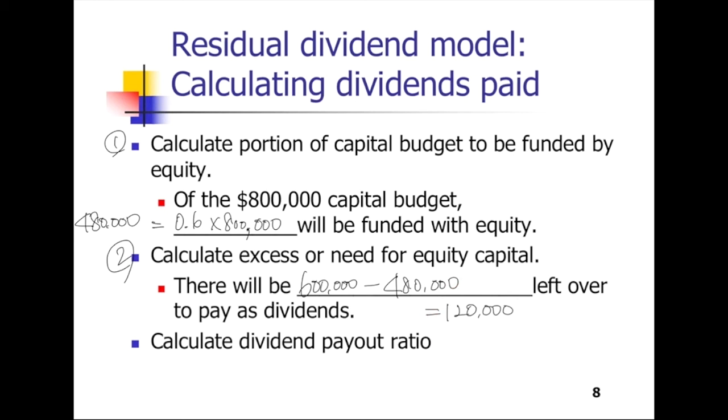So calculate the dividend payout ratio, which is dividend over net income, right? So the dividend is this amount, the net income is this amount, so finally we can calculate the dividend payout ratio.